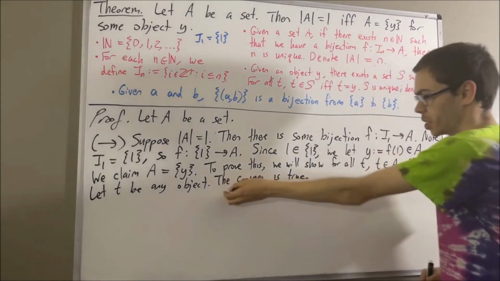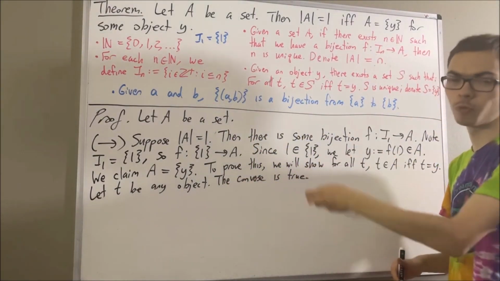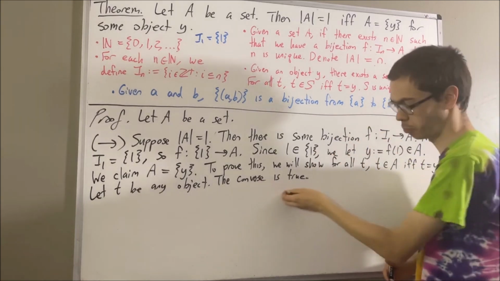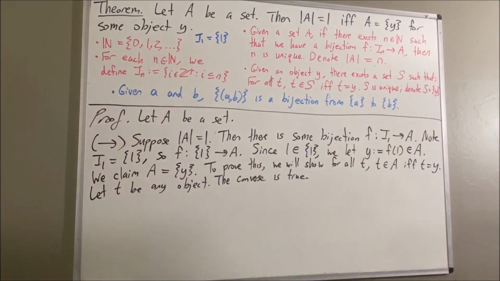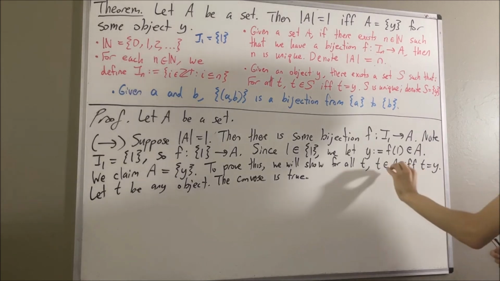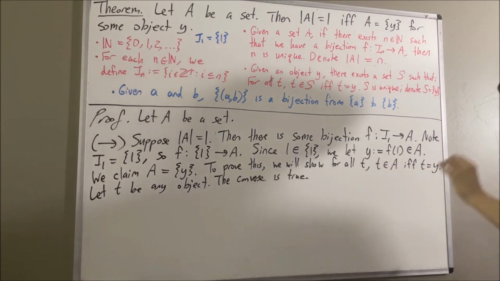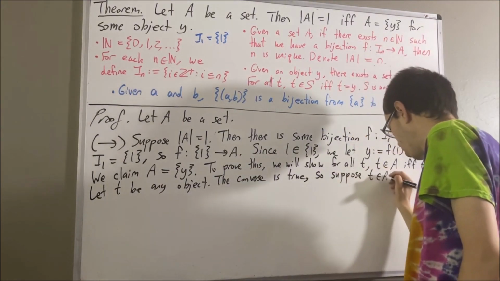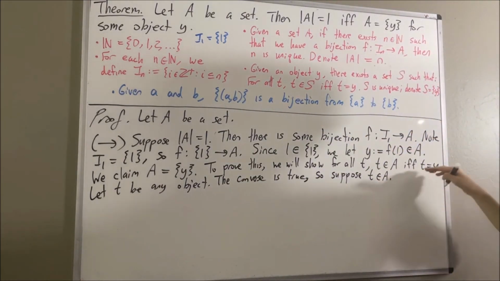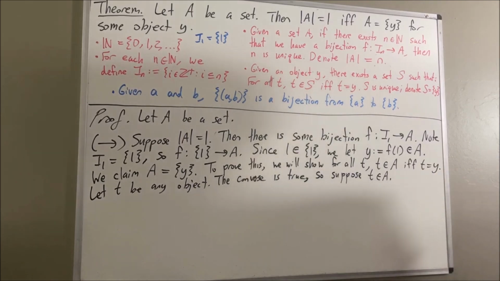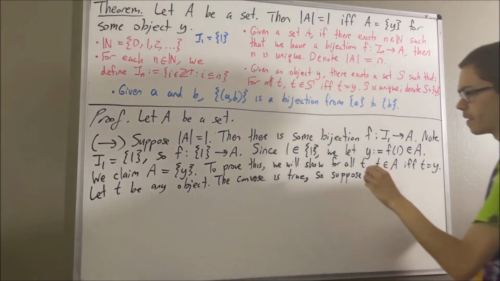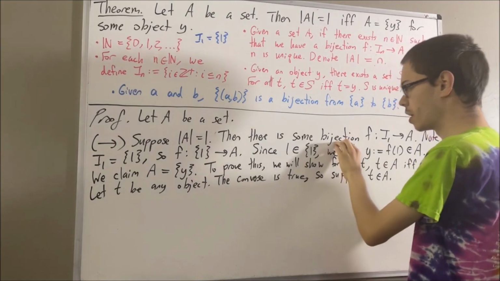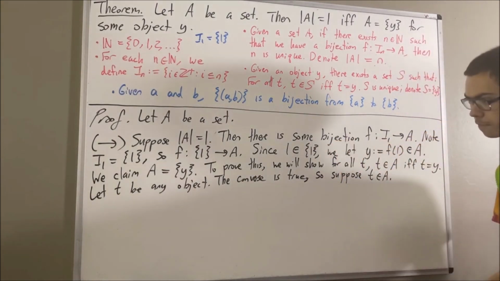I'm just not going to justify that because it's fine to omit certain details from proofs if it's pretty clear. But now we would like to prove the forward direction. We would like to prove if this is true, then this is true. So let's suppose that T is an element of A. And our goal from here is to show that T is equal to y. Now, we know that F is a bijection, so F must be surjective.